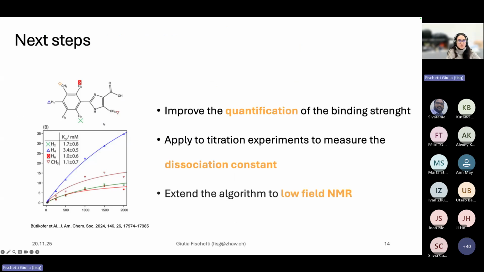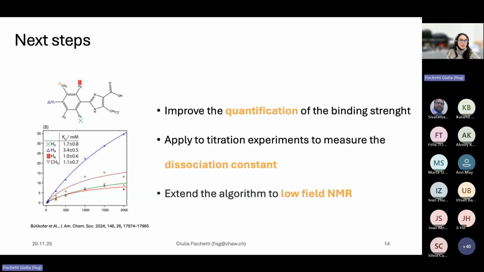The next steps of this work are, of course, to improve even further the quantification of the binding score, and related to this, the binding strength, the effective binding strength of the ligand and the protein, and then to analyze titration experiments to measure the dissociation constant for each atom in the molecule.